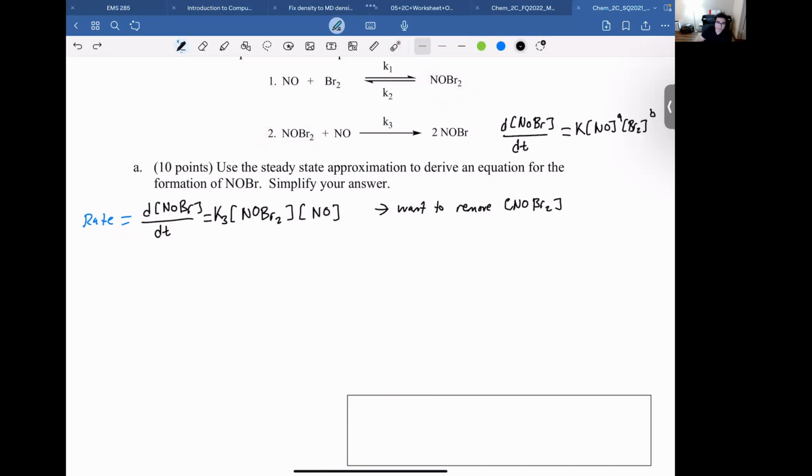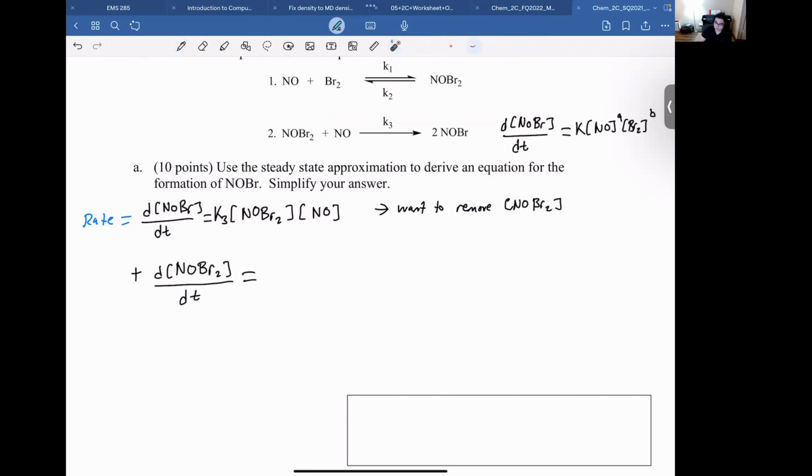I think on the discussion key, I just wrote out the approximation and didn't write stuff explicitly, but I'm going to write it out here. So the rate of formation, I'm going to put a positive sign like they do in the key, of NOBr2, the thing I want to get rid of, because it doesn't show up in my overall rate law. The rate of formation is positive, please note.